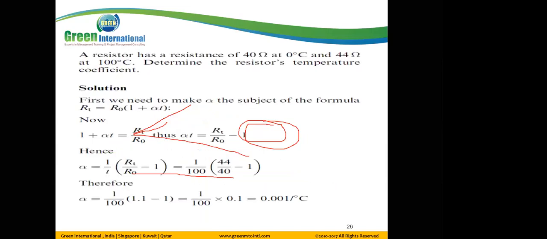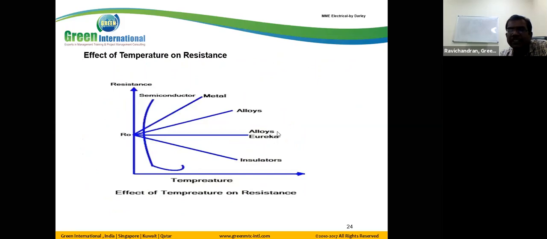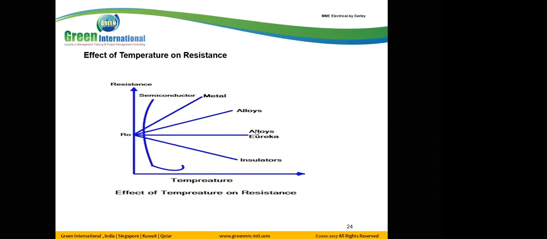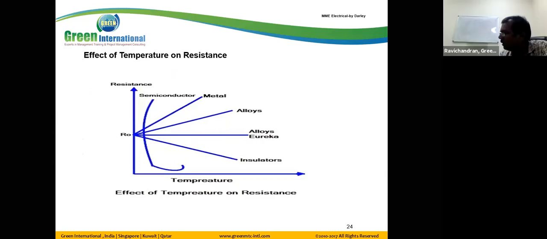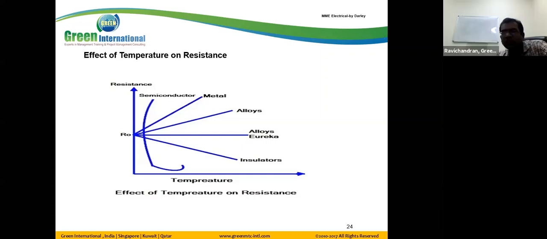For which metal, sir? This alloy Eureka, these types of materials. Okay, and what about the behavior for semiconductors? For semiconductors, they have a negative temperature coefficient.